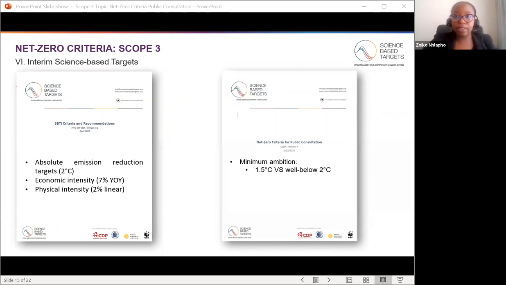However, since the IPCC's publication of the special report on global warming of 1.5 degrees in particular, scientists and civil society have united around the goal of limiting warming to 1.5 degrees. But it's not clear whether SBTi should require a minimum ambition of 1.5 degrees or well below 2C, specifically for scope 3 targets or interim scope 3 targets.